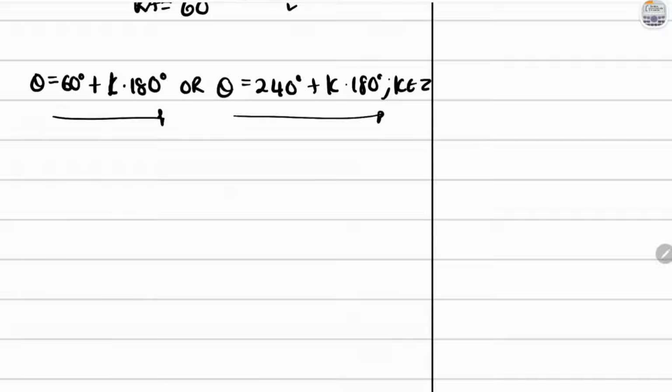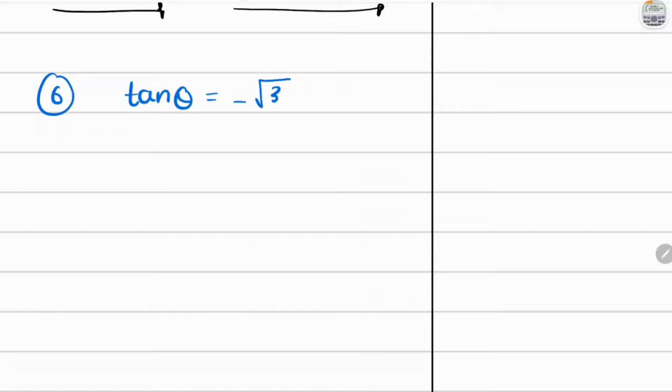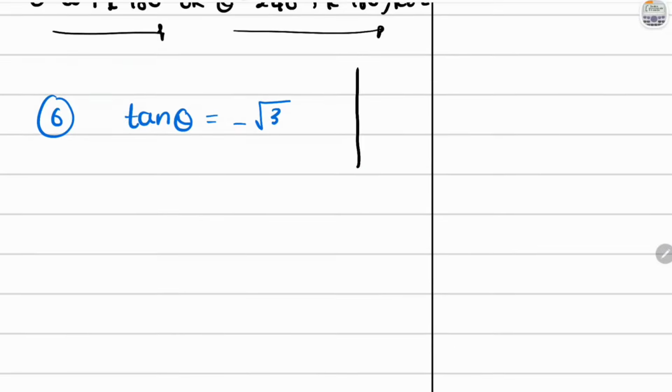So let's try this where tan has a negative value. So if we have tan of theta being equal to negative root 3. Okay, so now because it's negative, you have to consider that tan is negative in which quadrants? In the second and the fourth quadrant. And the reduction in the second quadrant is 180 minus theta.